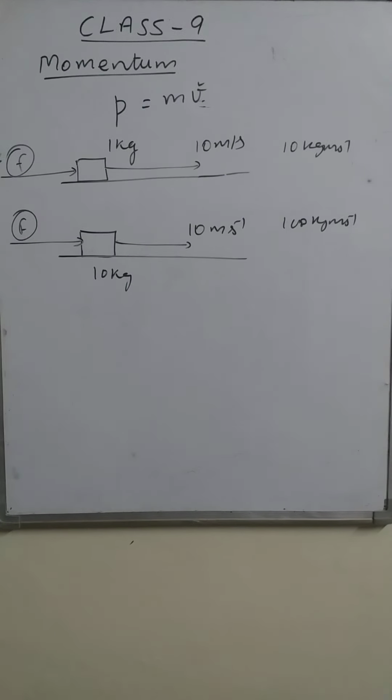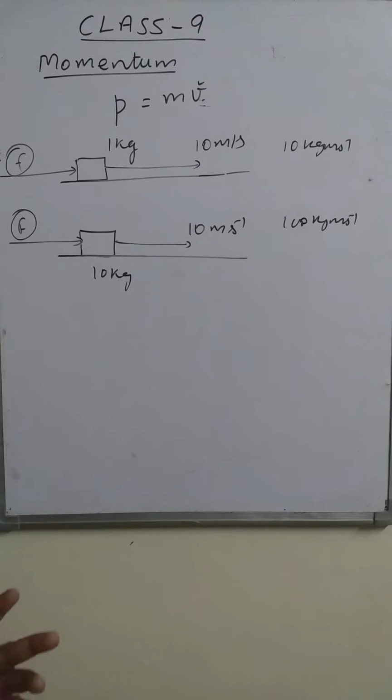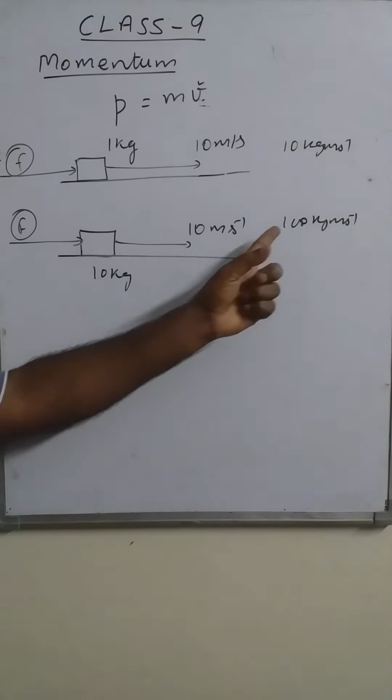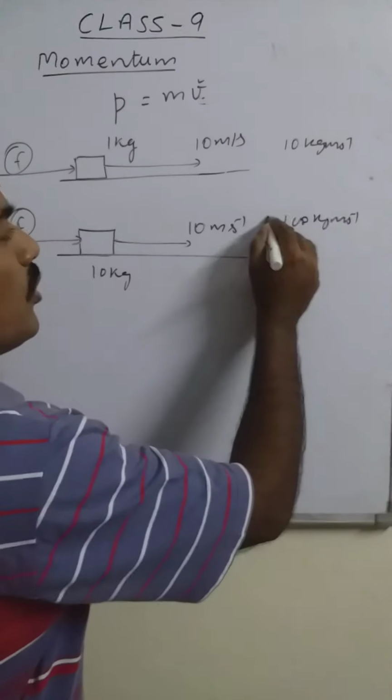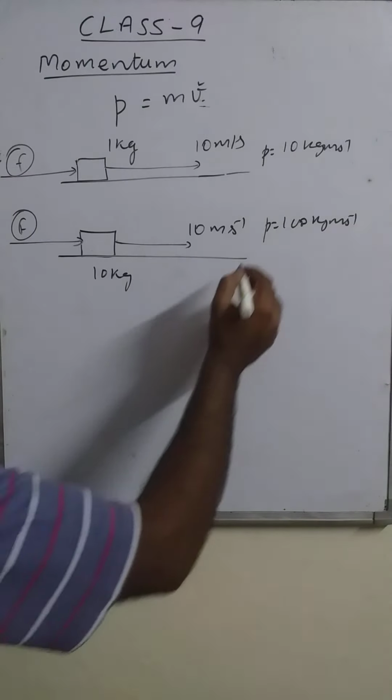So if two different objects are moving with the same velocity, the object having greater mass will have the greater momentum. This is the momentum of the two objects.